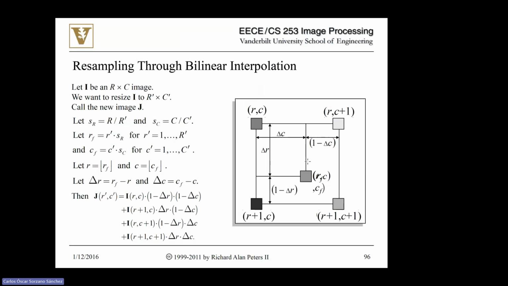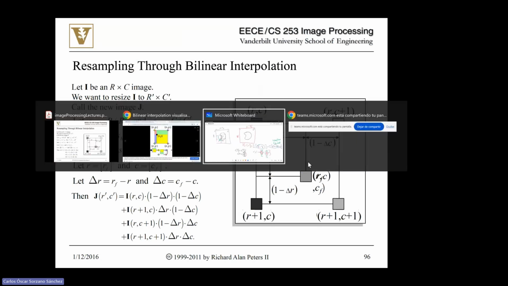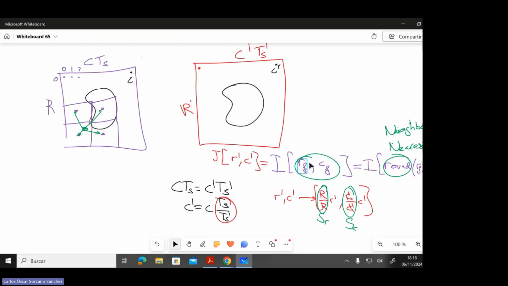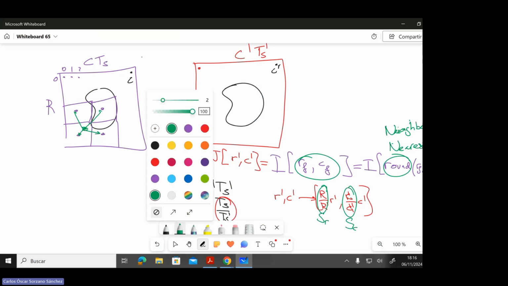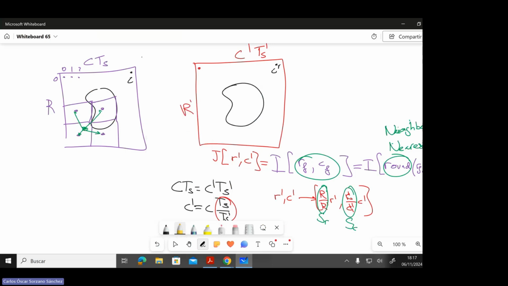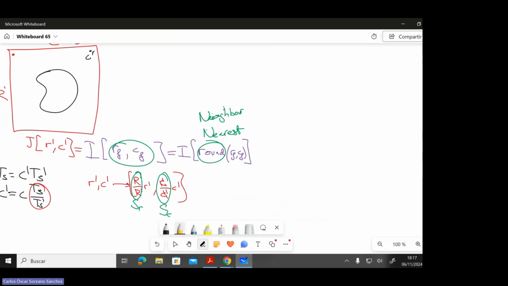So the scaling factors are the same. It's exactly the same scheme that we had before. But now, instead of using rounding, we are using interpolation. So instead of rounding, what we are doing is evaluating, I'm not using equal, I would say approximately equal, so that I can continue.